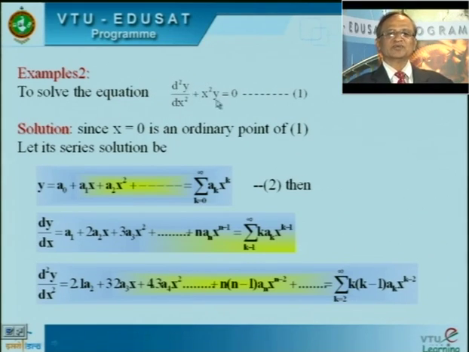Then you can assume the solution of this differential equation is y is equal to a0 plus a1x plus a2x square and so on, or you can write in terms of summation ak x to the power k, k varying from 0 to infinity, and you may call it equation number 2. Like the previous example, you can differentiate all these terms, and we know that a0 is constant.